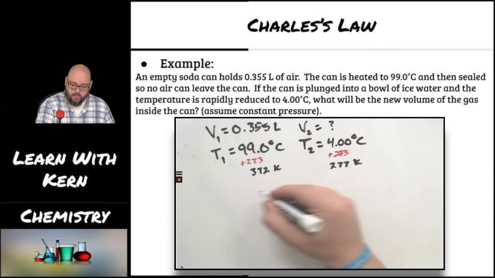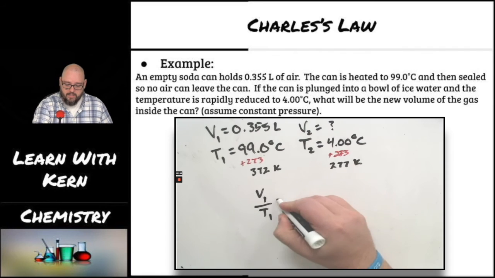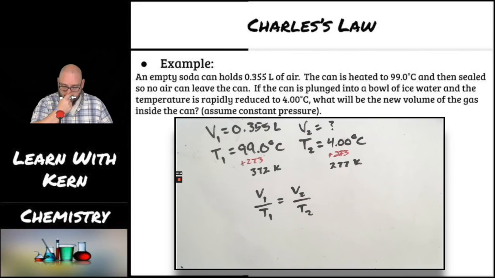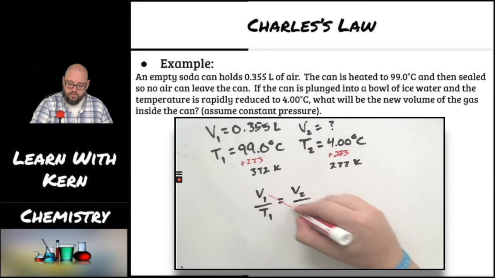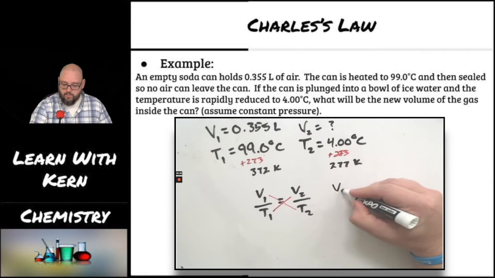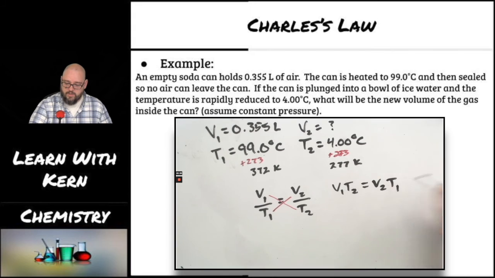Okay, so Charles' law equation is V1 over T1 equals V2 over T2. So again, this is a proportion, so we're just going to cross multiply. We multiply these together, we multiply those together, and that gives us V1 times T2 is equal to V2 times T1.